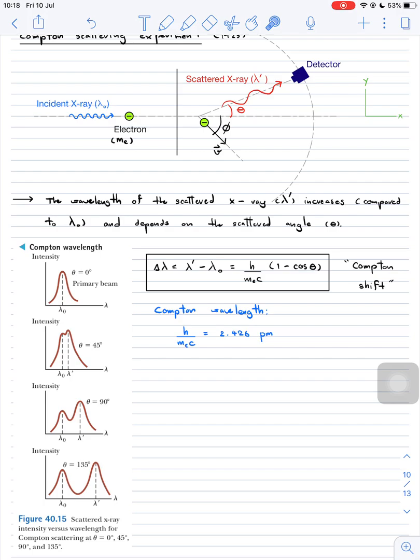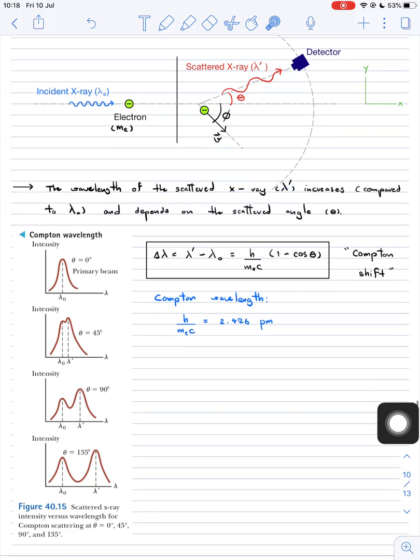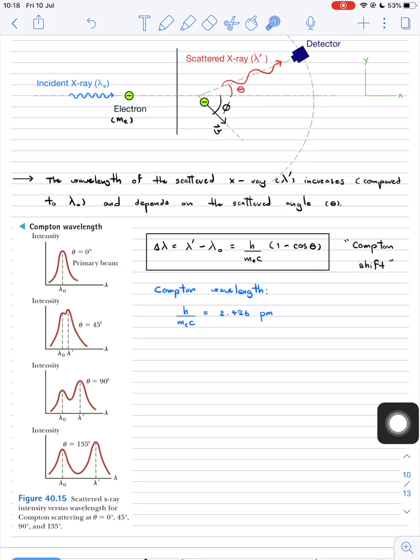The wavelength of the scattered X-ray increases, and it depends on the scattering angle theta as well. So that's the experimental result that we can get.